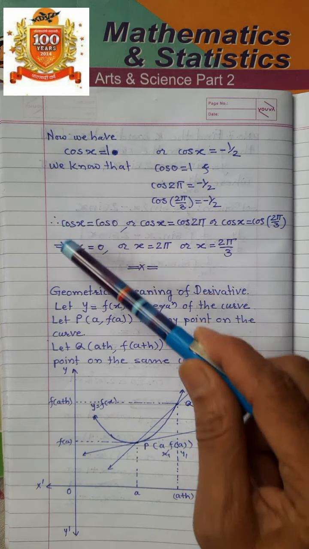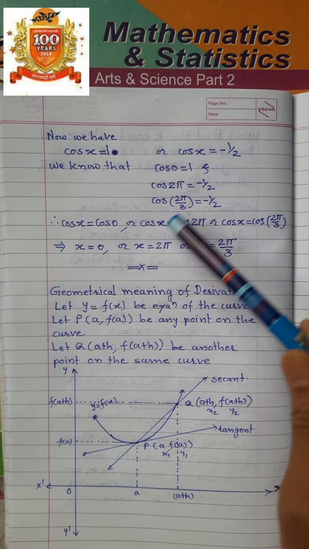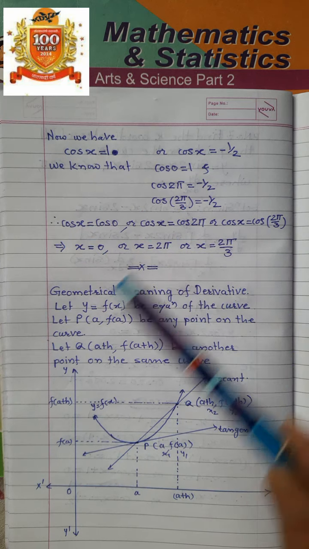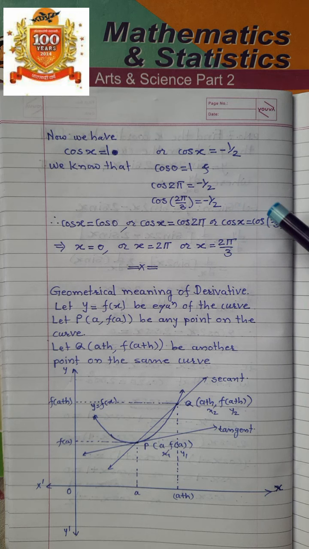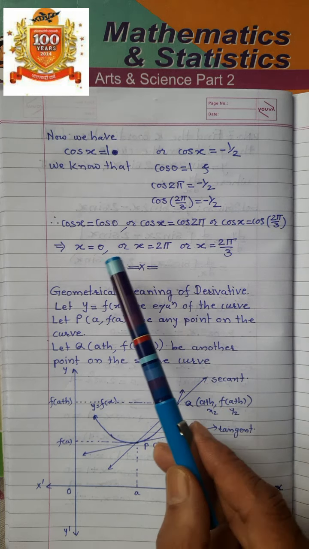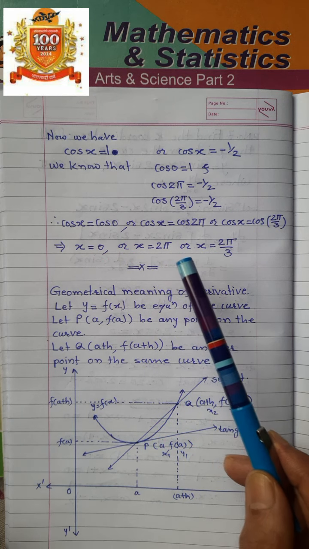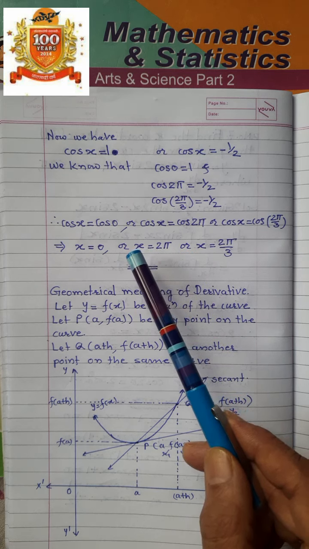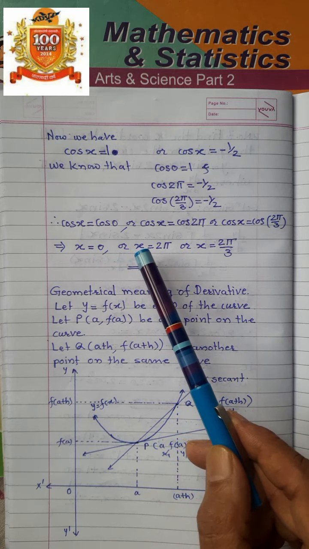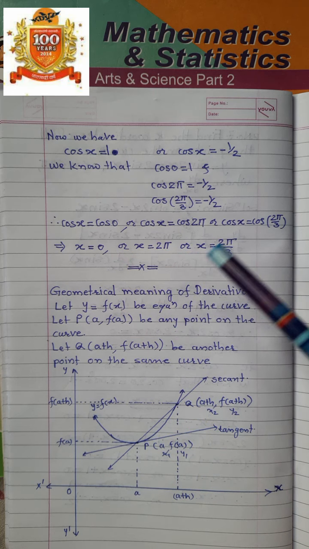Now here cos gets cancelled, x is equal to 0. Here also cos gets cancelled, x is equal to 2π. Here also cos gets cancelled, x is equal to 2π/3. In this way we found the values of x, that is, the x coordinate of the point on the given curve. In this way we complete exercise 1.1.